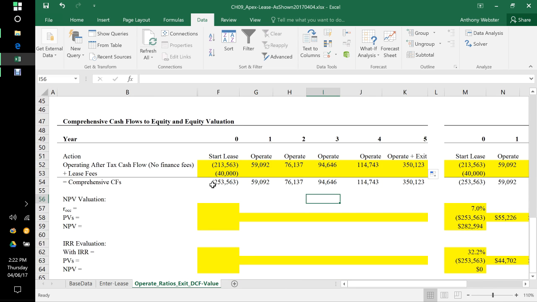And this is the set of comprehensive cash flows. Again, no worrying about sale. Again, no worrying about paying off the remaining principal balance of the mortgage. With a lease, if you have the right to leave early with no penalty, you can just think about it. It's exactly analogous to if you have a rental lease on an apartment and you have the right to break that lease early.